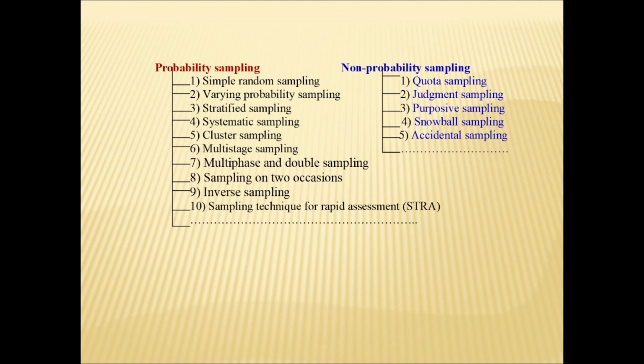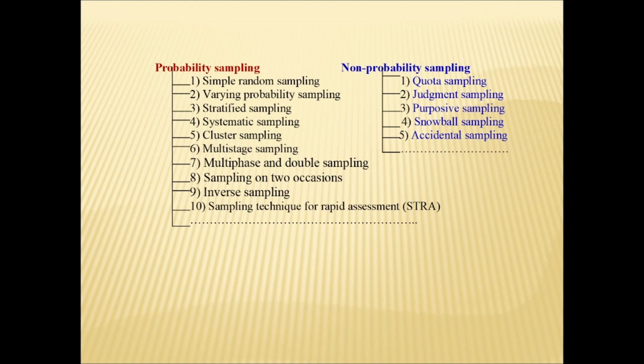Or sometimes you have a small population. In that case, within the ambit of sampling theory and statistical theory, these non-probability sampling methods have been designed: quota sampling, judgment sampling, purposive sampling, snowball sampling, accidental sampling.